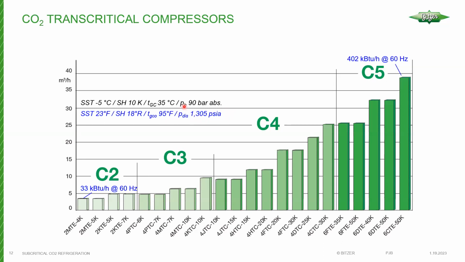That is your discharge pressure, and 95 degrees Fahrenheit TGCO, which is the gas cooler outlet temperature. As I mentioned in the previous webinar covering CO2 properties, once we operate CO2 as a supercritical fluid, there is no relationship between pressure and temperature, so we have to identify both.